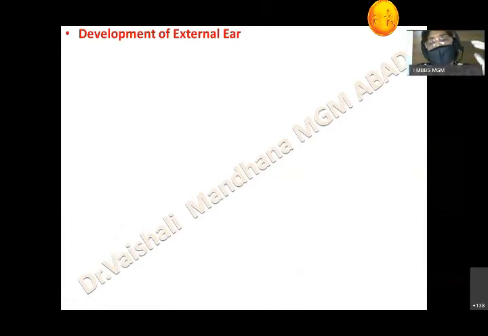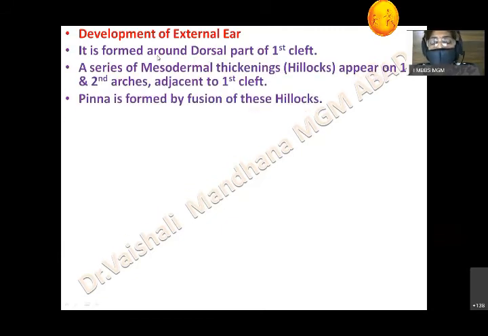Now the two parts which are remaining are the development of the external ear and development of the eye and how they go to their adult position. So development of ear, if you remember, is around the dorsal part of the first cleft. Cleft is the outer one.